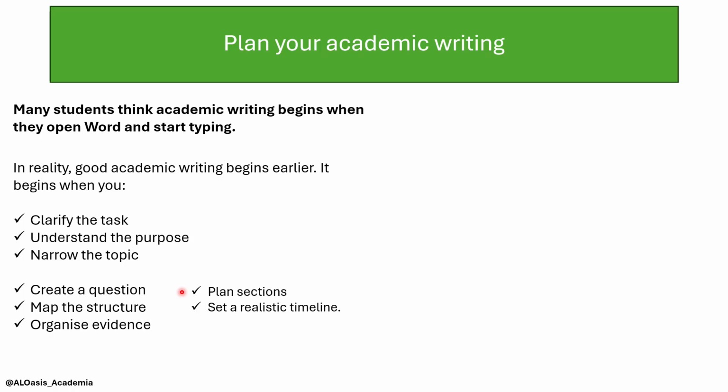This will give you better cohesion throughout the whole writing. And lastly, setting a realistic timeline, especially for university students who would have deadlines. And also we have some very important tricks to make sure that you stick to the timeline.